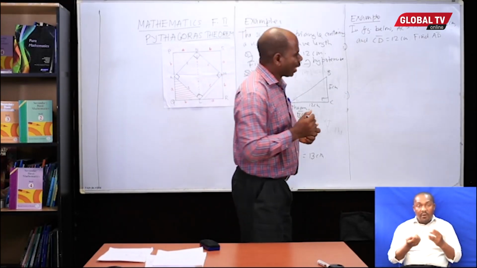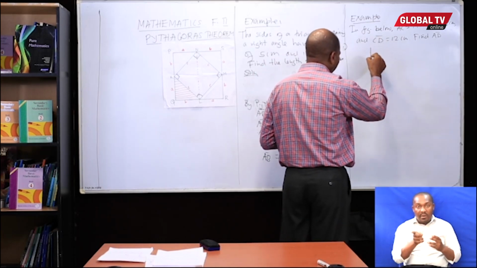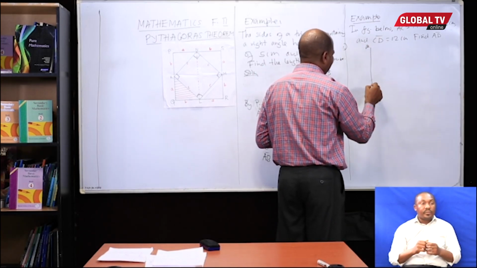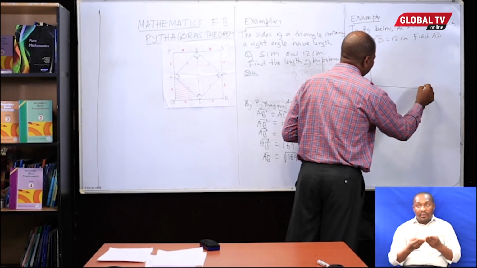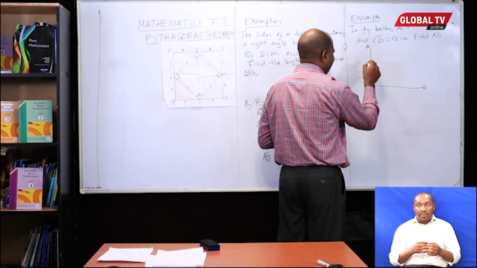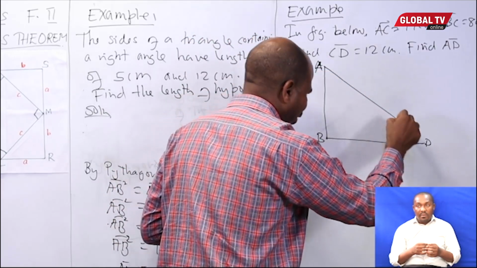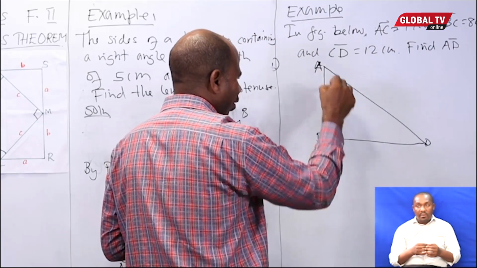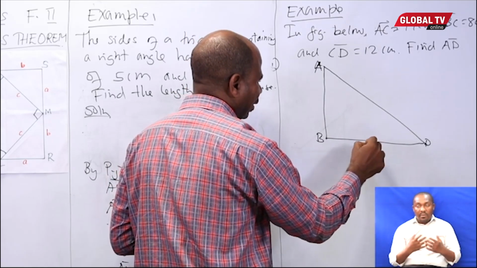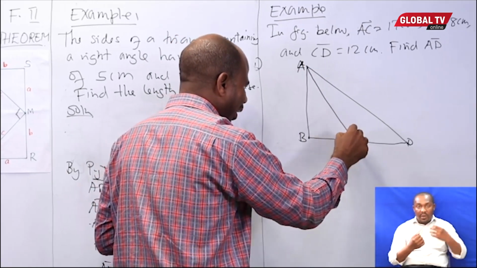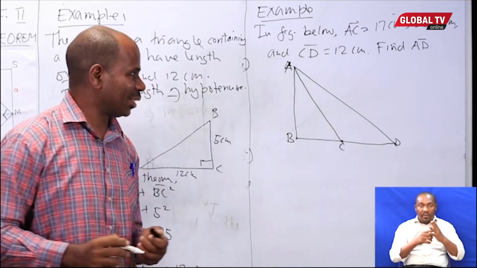The figure here has the point A, the point D, and the point B, and we have the line joining AD. We also have another point C, which has the line joining AC.